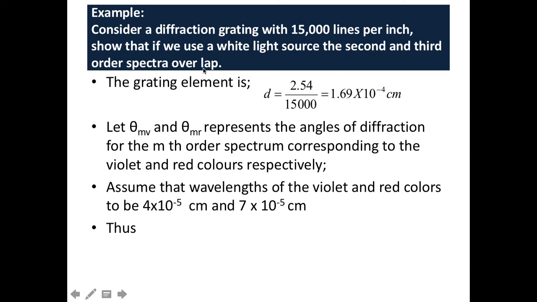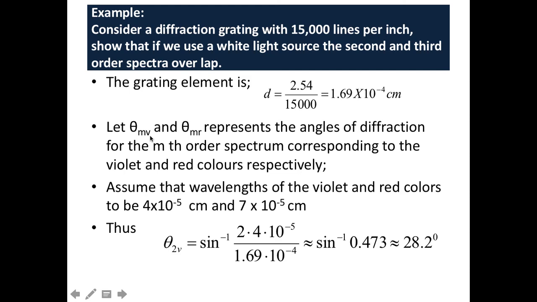Second and third order spectra overlap. So we will find the angle theta second order violet first: sine inverse of the second order multiplied by the wavelength of violet color divided by d. You will get the angle 28.2 degrees.